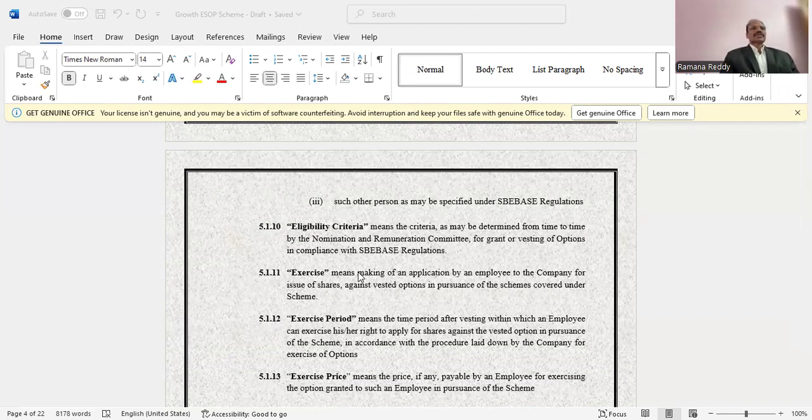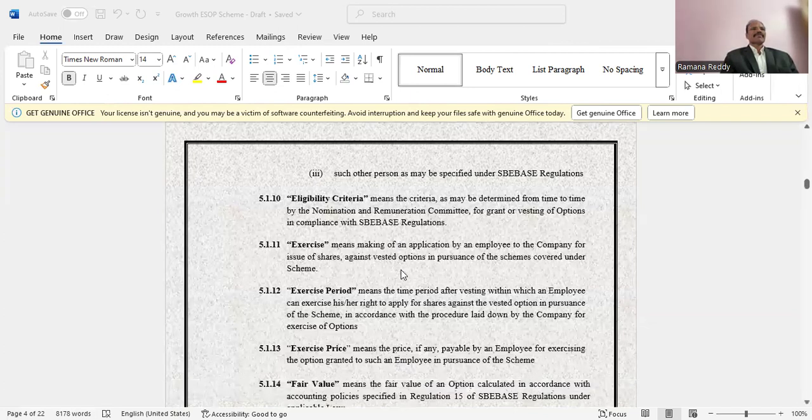And eligibility criteria. This eligibility criteria may be determined from time to time by the nomination remuneration committee for grant or vesting of options in compliance with the share-based employee benefit and equity regulations. Exercise. Exercise means making an application by an employee to the company for issue of shares against vested options in pursuance of the scheme.